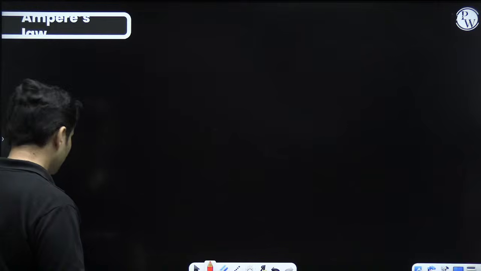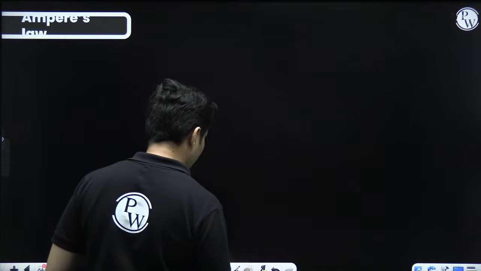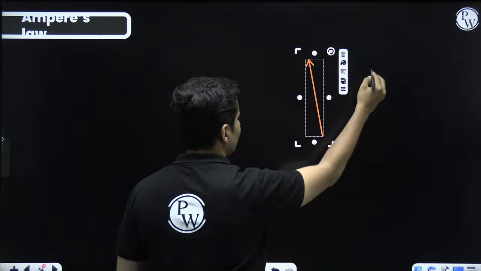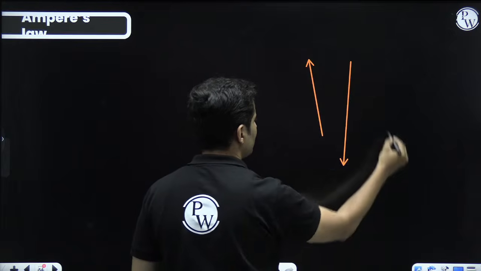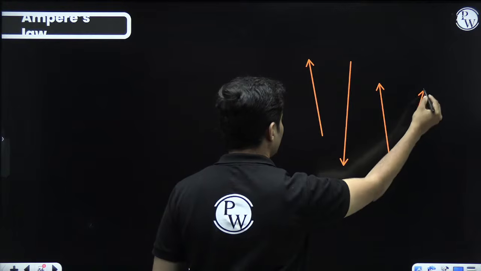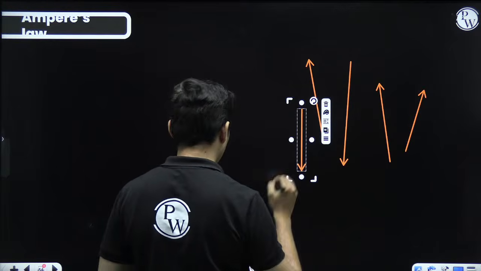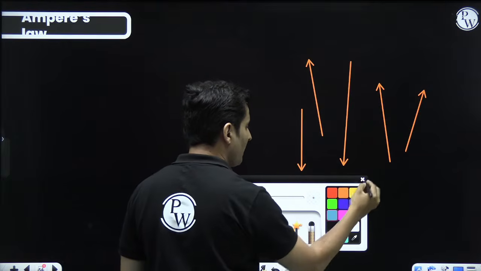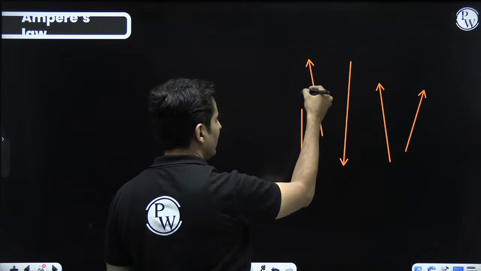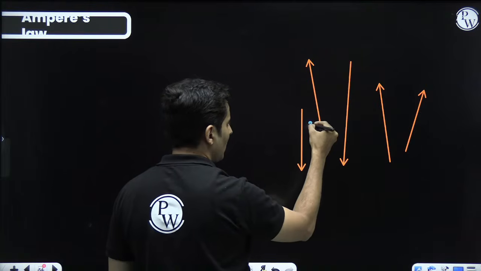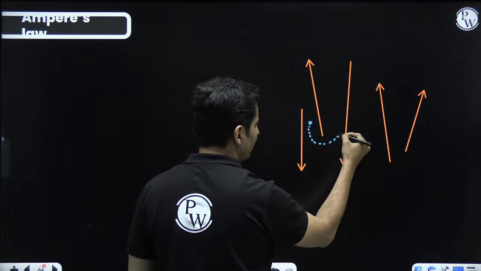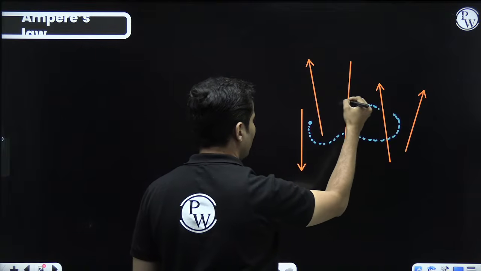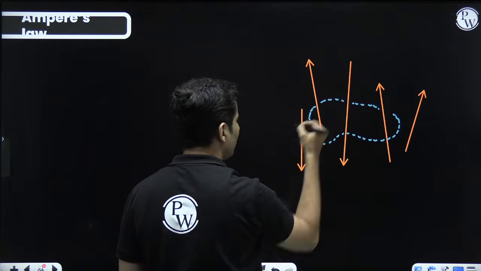So say for example, there is a wire like this, there is a wire like this, there is a wire like this, there is a wire like this, there is a wire like this. All these are random wires. You take the line integral, meaning you start from, let's say, a point and you go along a path. Doesn't matter what path you take, but come back to the same point.